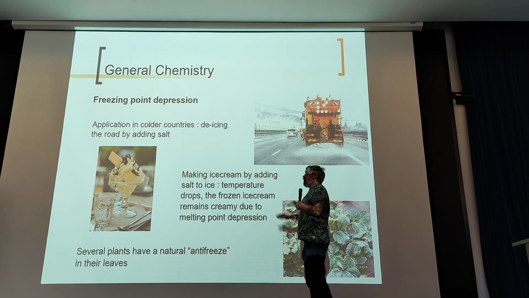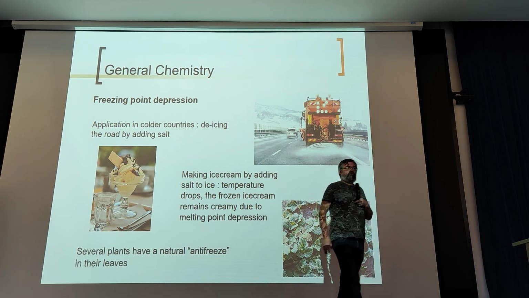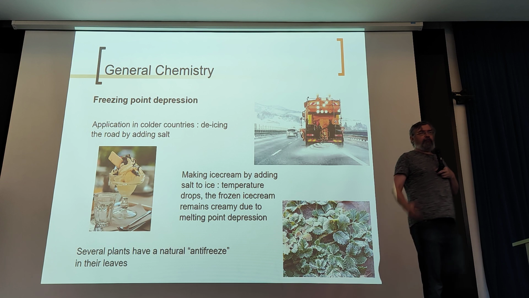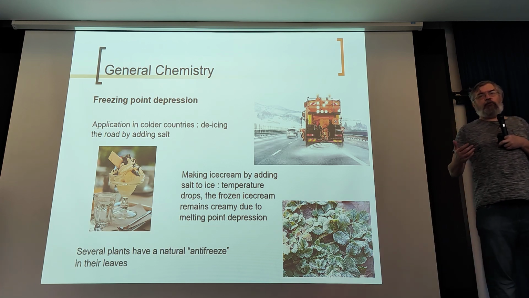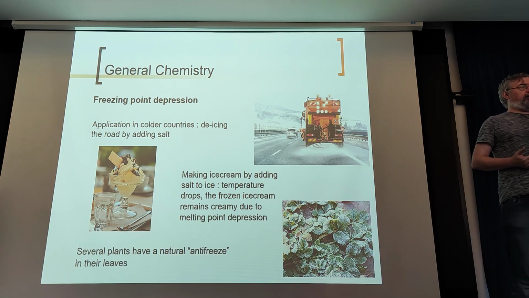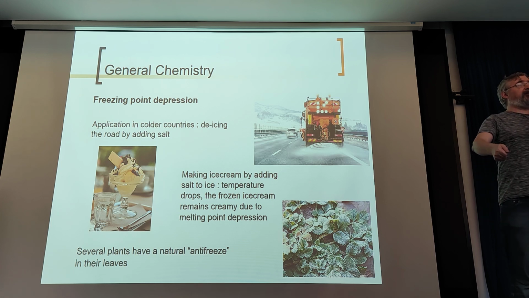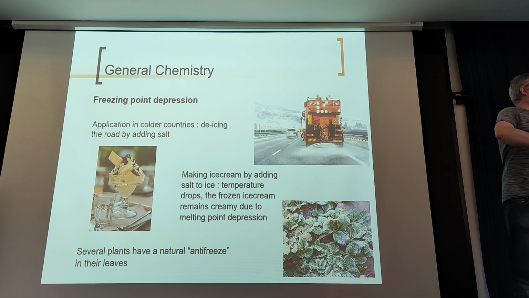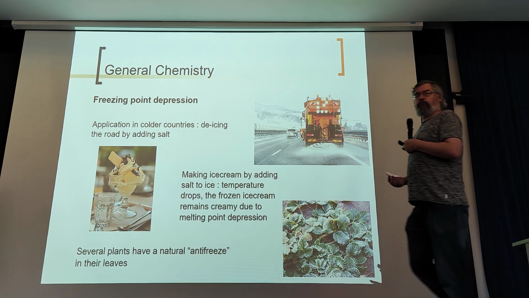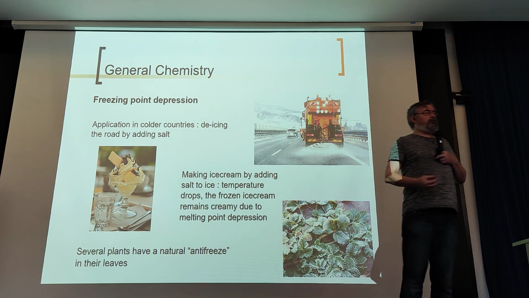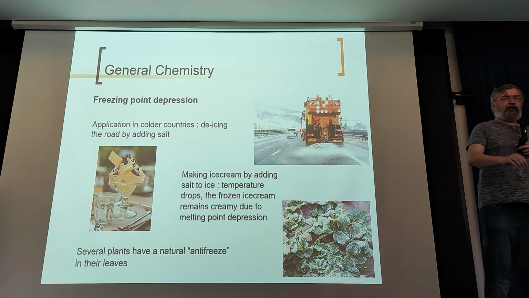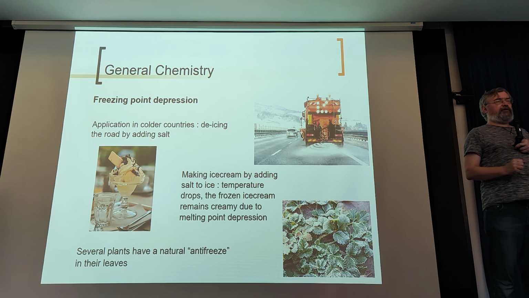This is the way that people used to make ice cream. Ice cream already exists from medieval time, and you can ask yourself how it's possible to make it if you have no electricity. Because normally you use an ice machine with electricity to make the ice. People used to make ice cream from putting granulated ice and adding salt to it.